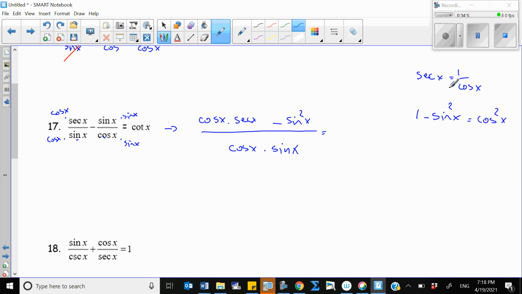So first replace this here and see what can be canceled out. Then you're going to have 1 minus sine squared. Replace that with cosine squared. And then you can cross one of the cosines on top with the one in the bottom. And then you will have cosine over sine, which is cotangent. I'm going to leave this for you to solve.